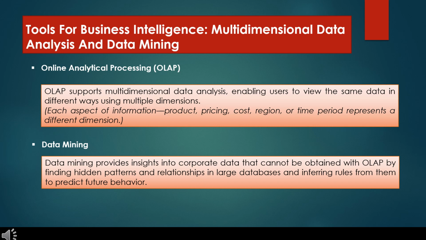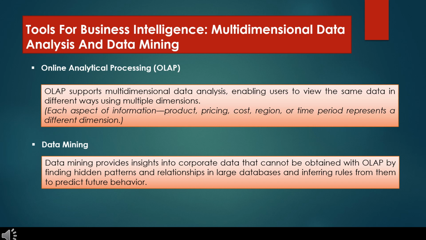For example, suppose your company sells five different products like laptops, computers, TVs, cameras, and mobiles in each of your regions: East, West, North, and Central. If you wanted to ask a question such as how many computers were sold last week, you could easily find the answer by using the sales database.